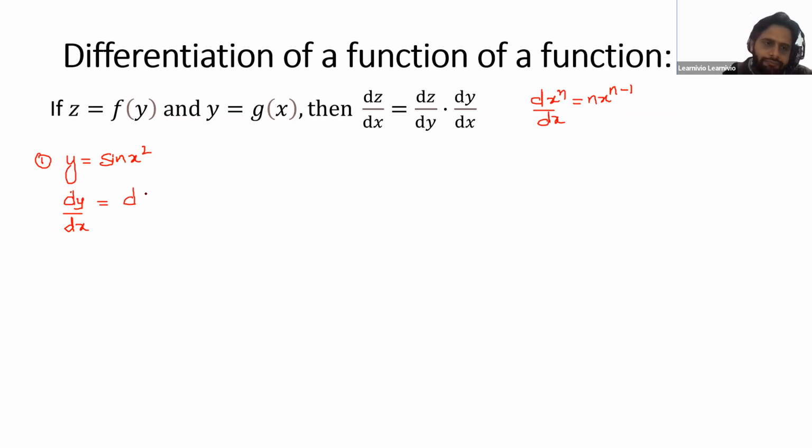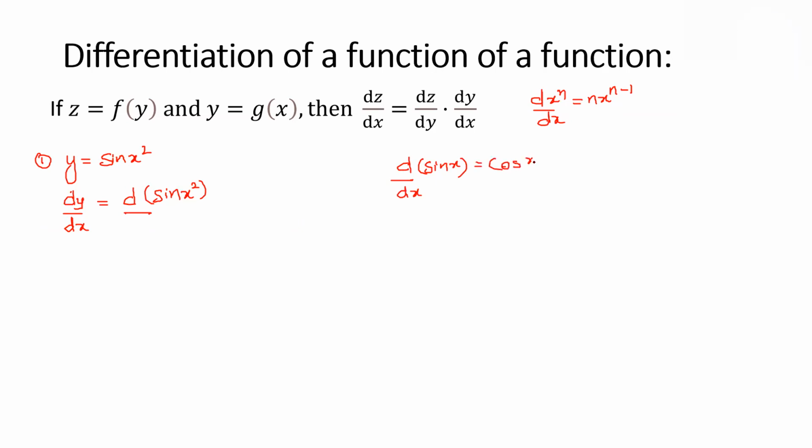Second thing, sine x squared, with respect to. Suppose we have sine x and we differentiate it, then Krishna, what will be the answer? Cos x. But please remember, we didn't differentiate this x. We have differentiated only sine x.